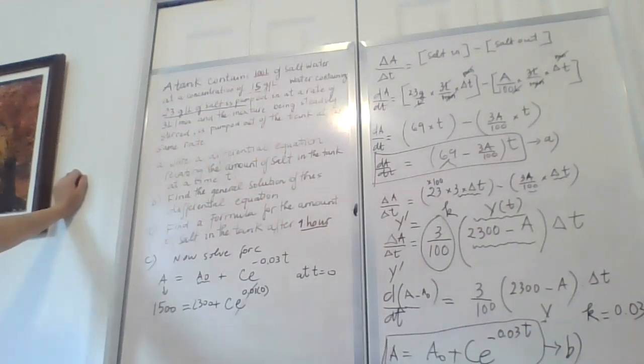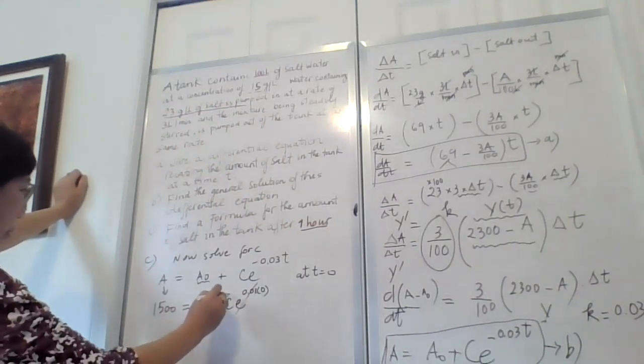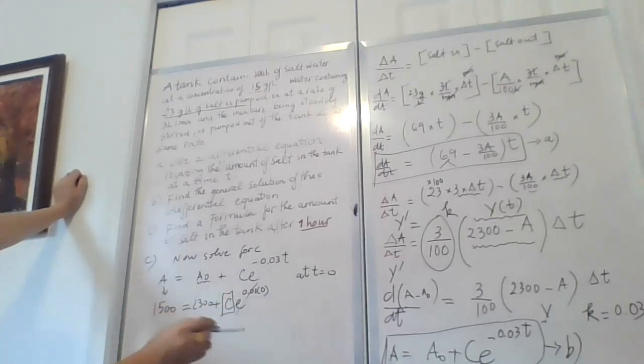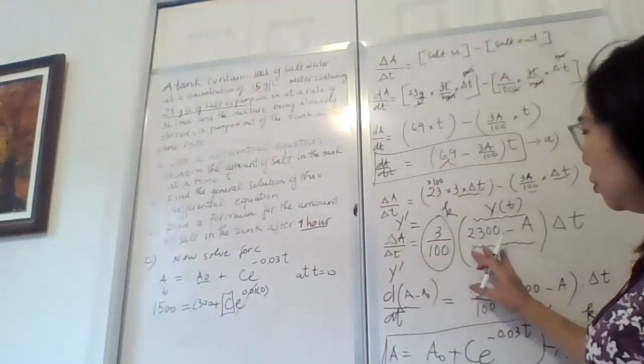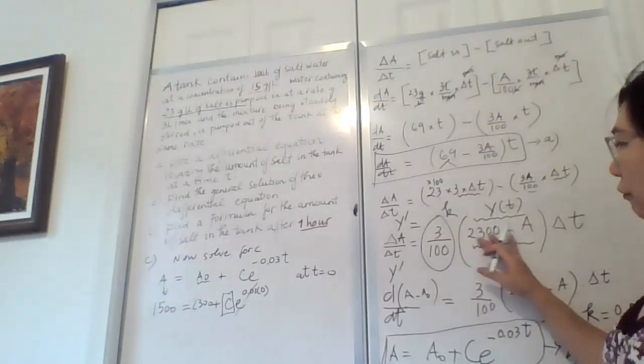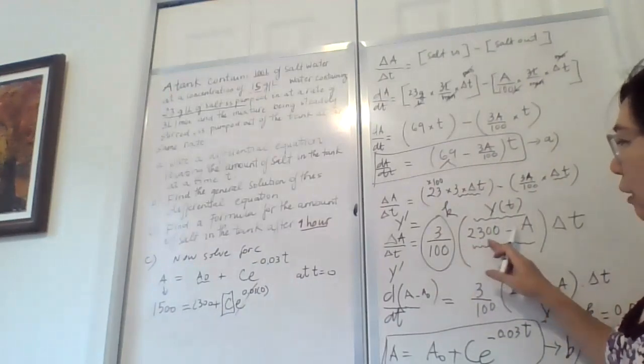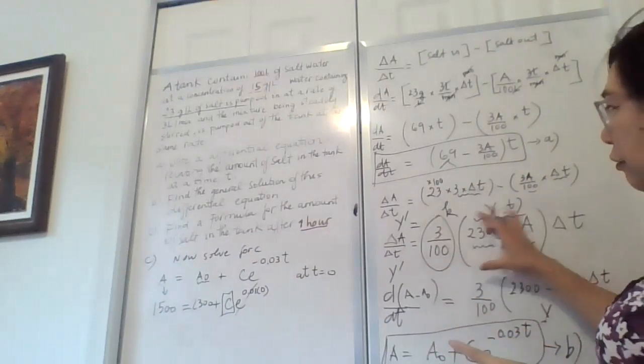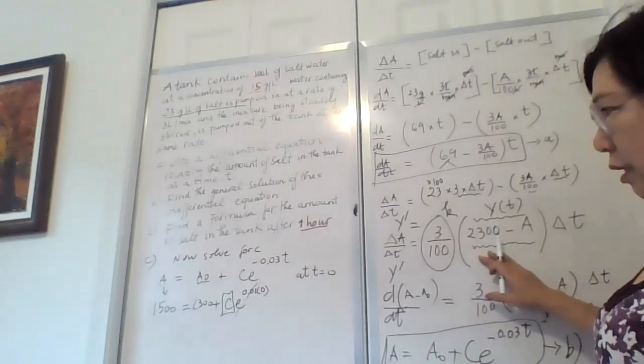Okay, so when we're looking for the C, our equation, based on this equation, yes, we have to account for the amount of 2,300 because we derive from this equation, right?